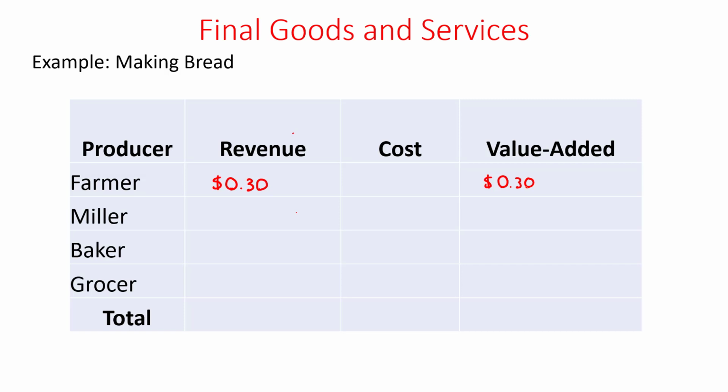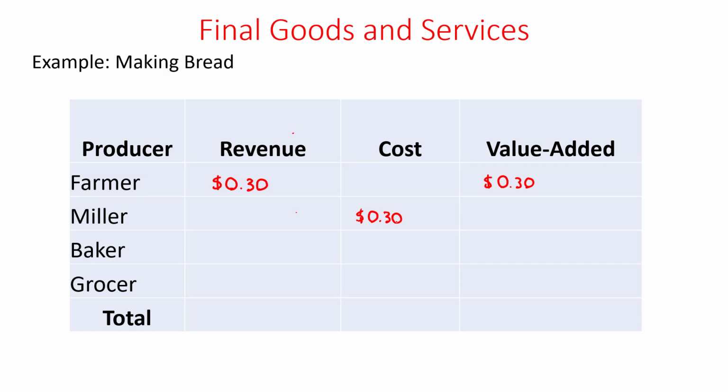And a miller is somebody who takes wheat and pounds it and turns it into flour, right? So let's say that the miller paid the farmer 30 cents for that wheat. So the cost to the miller is, again, that 30 cents of obtaining that wheat. But then they turn that wheat into flour, and then they sell that flour to the baker for, say, 65 cents.